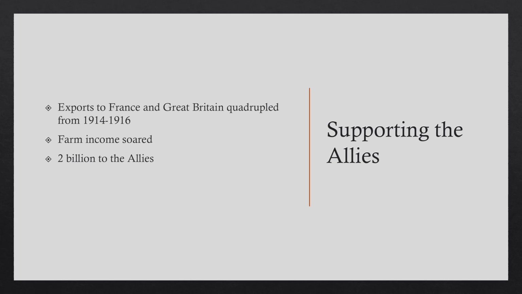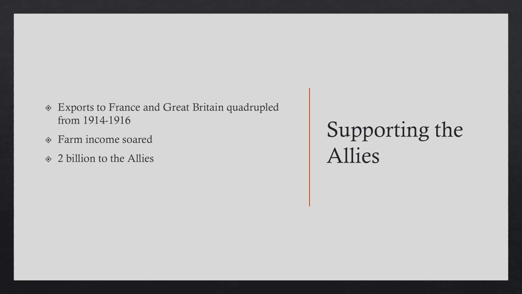So now that Britain and the whole of the European nations were at war, Britain and France needed to send their men to fight in the war. So they turned to the US, right, for additional help as far as loans and food supplies.